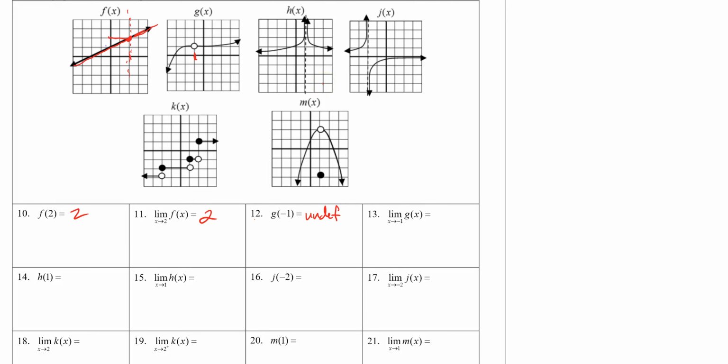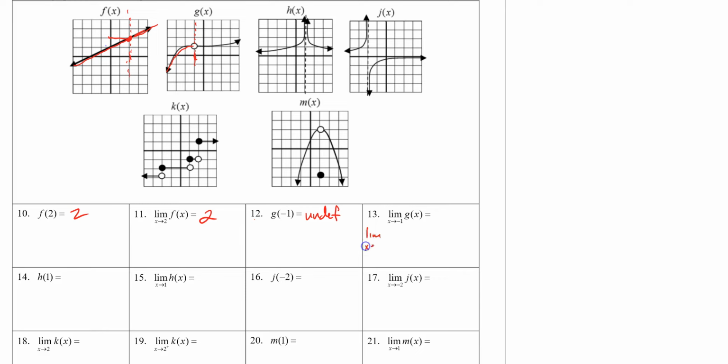13. What's the limit of the g function as x approaches -1? So this is where I use my limit definition. As x gets close to that value, that vertical x value, x being -1, from both sides, what does the graph appear to be approaching? From the left side, if I trace the graph, it's approaching the value of +1.